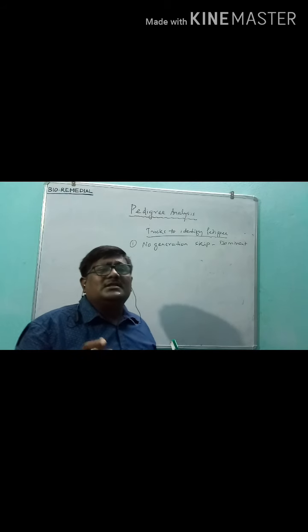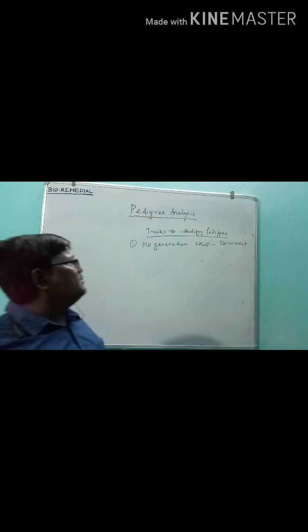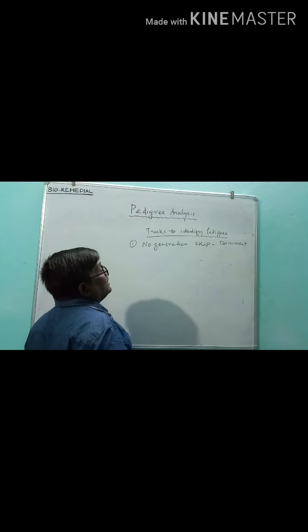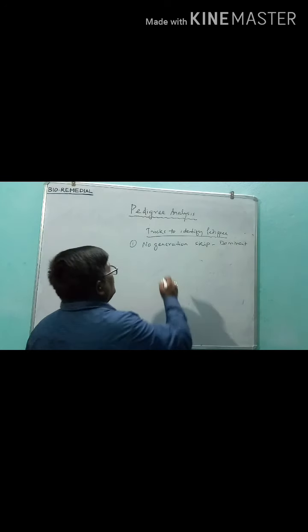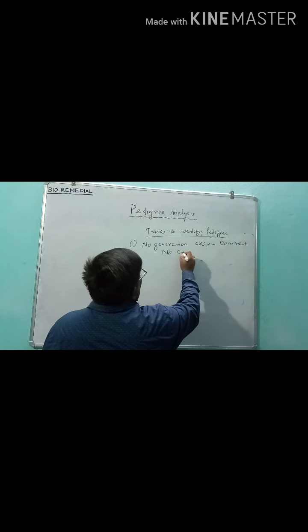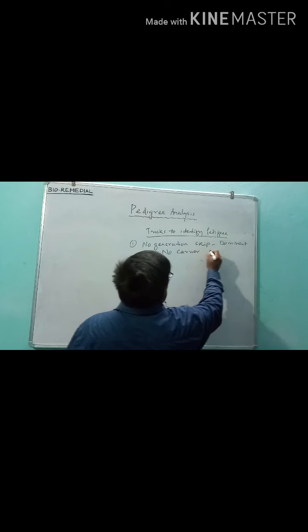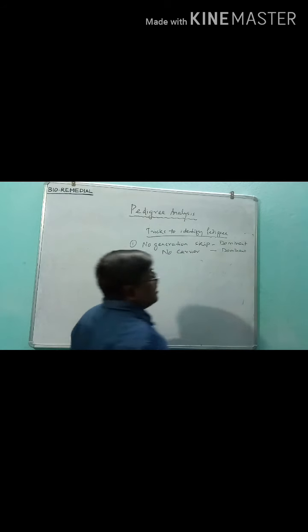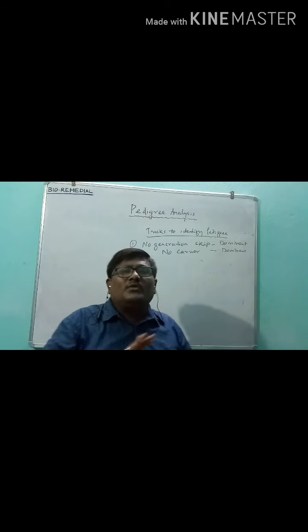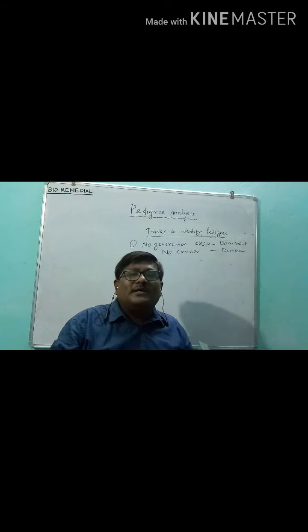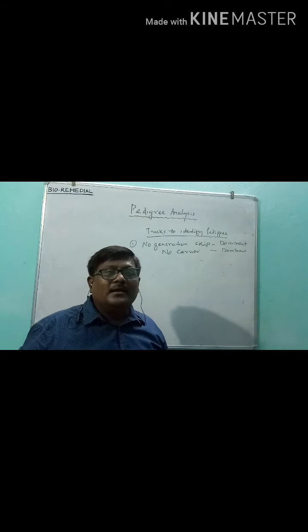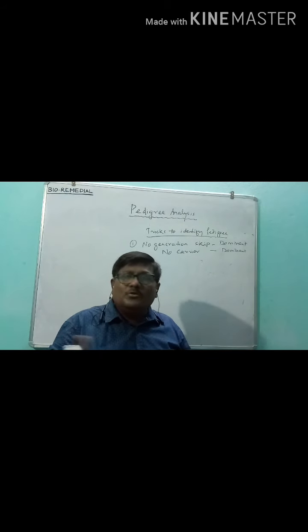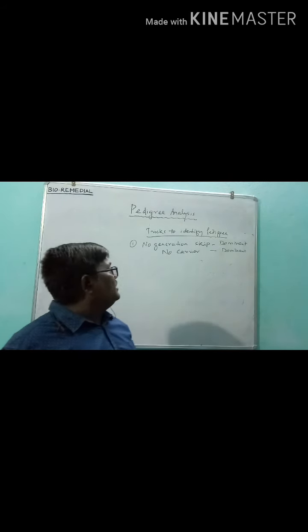Every generation the disease will be expressed. No generation will skip, then it is a dominant disorder. Second, in dominant disorders, no carrier is found. No carrier. Very important. If you find no carrier in the whole pedigree chart, no carrier means definitely dominant, because in the heterozygous condition it will be expressed, so how can there be a carrier? There will be no chance for a carrier, so it will be dominant.